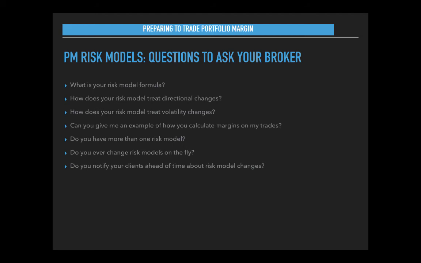For example, one day out or five minutes, your margin may change when your trades expire, and how is that margin going to change? Make sure you understand. There could be a situation where your margin is fine, and then as soon as some trades expire, your margin goes through the roof, and then your account gets liquidated. These are things that you really have to understand if you're going to trade portfolio margin.